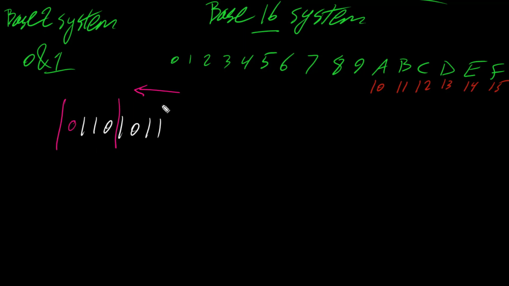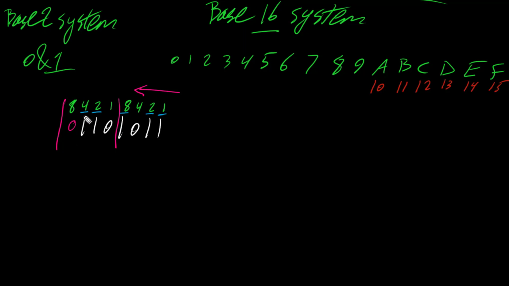Next we need to put the decimal values. This is 1, 2, 4, 8, and 1, 2, 4, 8. In this group we have only 4 and 2 turned on, and in this group 8, 2 and 1 turned on. 1 means on, 0 means off. Now let's add them together.